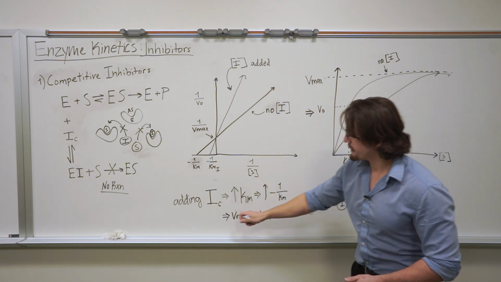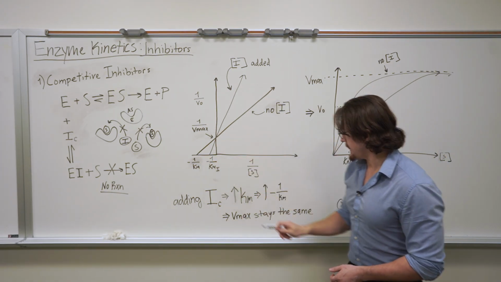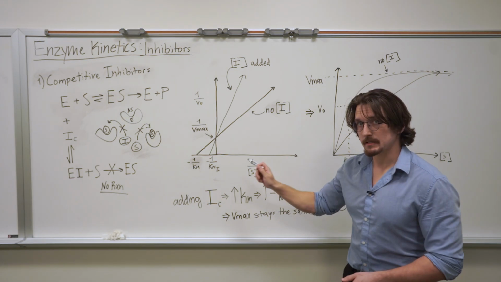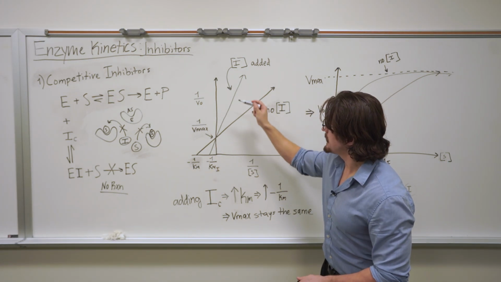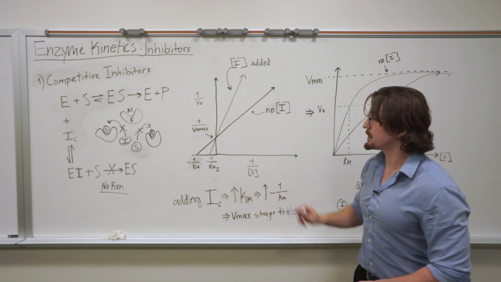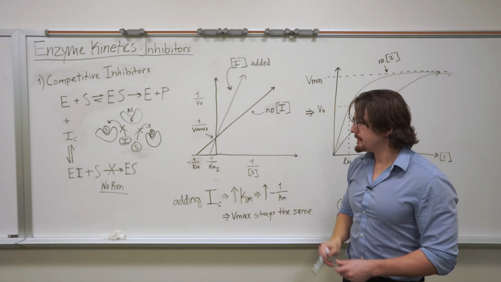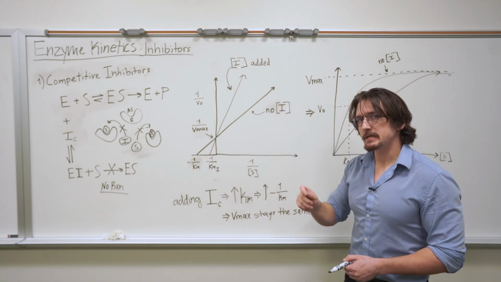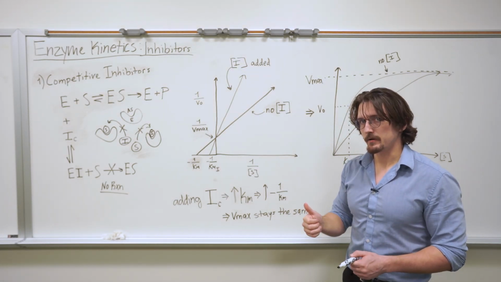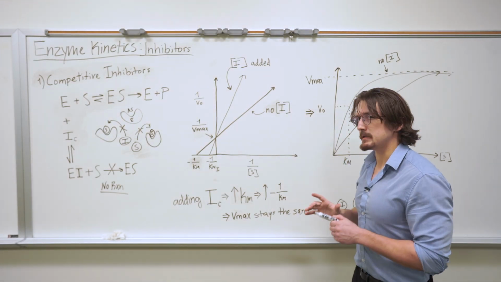However, we notice that 1 over Vmax, and therefore Vmax itself, is remaining the same because both of these lines cross the y axis at the same point. So 1 over Vmax is the same. And those are the characteristics of a competitive inhibitor: the Km is increased in the presence of a competitive inhibitor, but the Vmax remains the same.